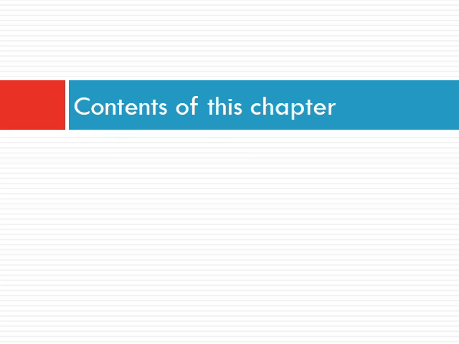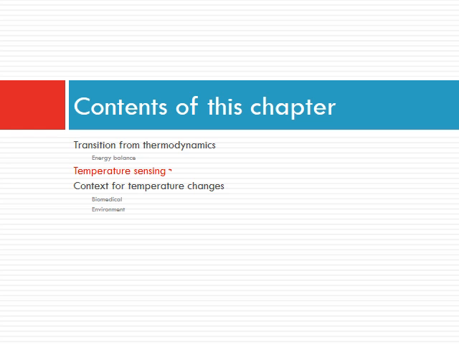So moving on to the next part of the contents of this chapter, we will talk about temperature sensing a little. Normally temperature sensing can be a course by itself. That's not the purpose here.